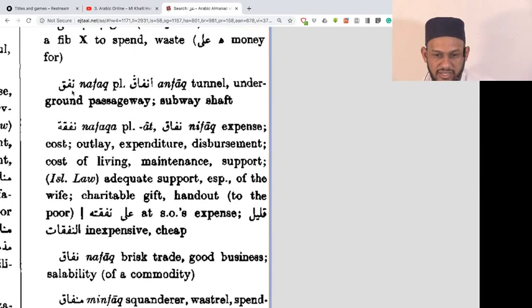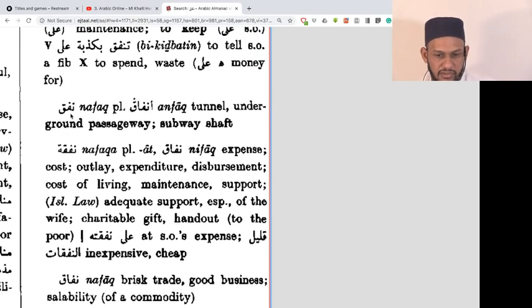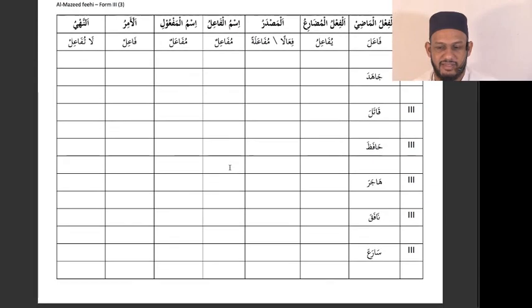Can you see the word nafaq there in the dictionary? Nafaq, which means a tunnel or underground passage or a subway shaft. Because nafaq has an entrance point and an exit point. And therefore a munafiq is someone who has basically 2 points, he has 2 faces. Well, with one group he is on this side, and with the other group he is on the other side. You with me? Let's say the munafiq. Next one.